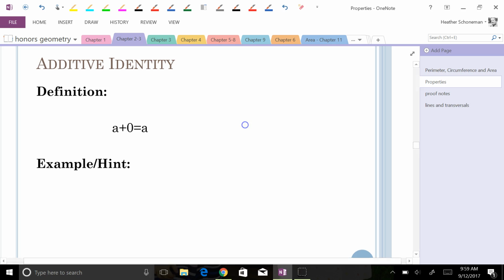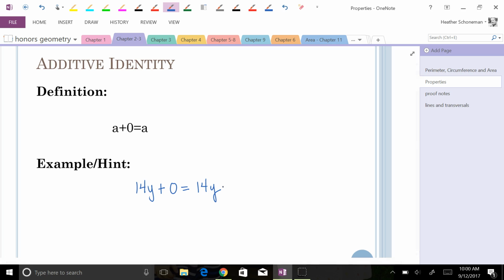The additive identity says, what can you add to something to not change the value? Well, when you're adding, you can add 0 and it doesn't change the value. So I can take 14y and add 0, and it's still 14y. Now if you multiply by 0, that's going to change the value.